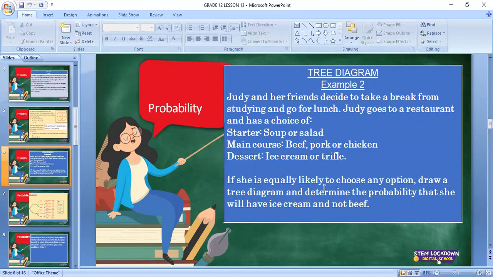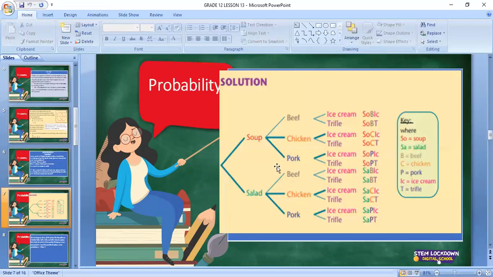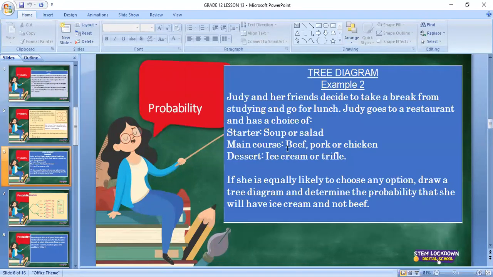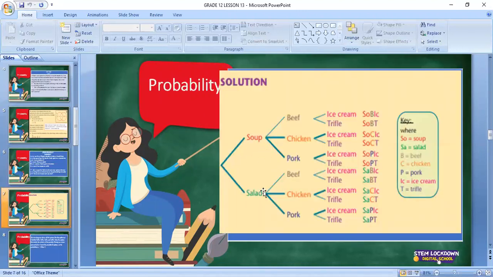So to start with the tree diagram, we start off with the first event, being the starter, the soup or salad. We start with the start and the starter. The starter can either be soup or it can be a salad. Now with the main course, take that they have soup.